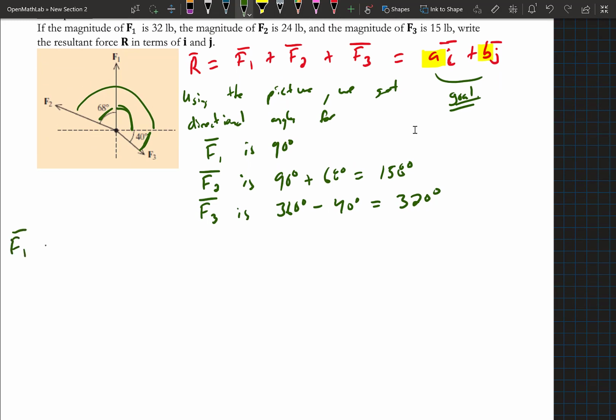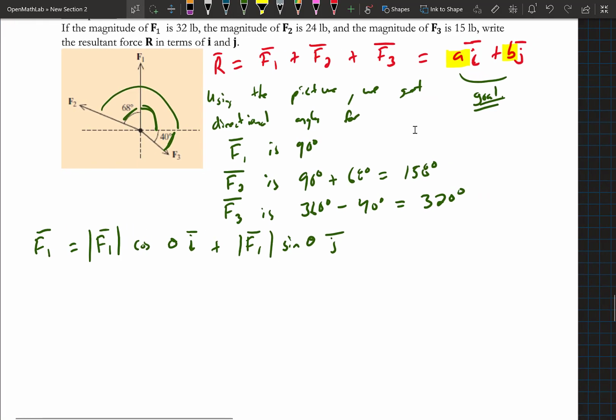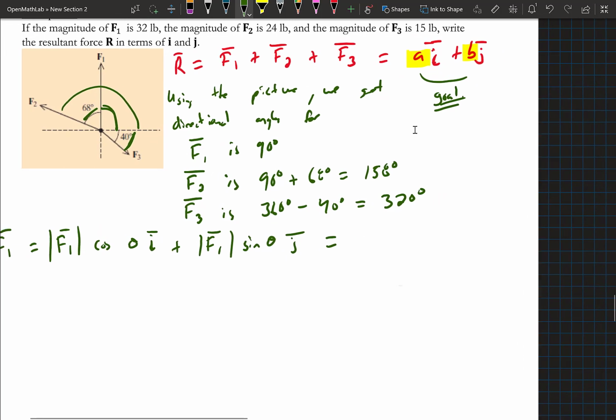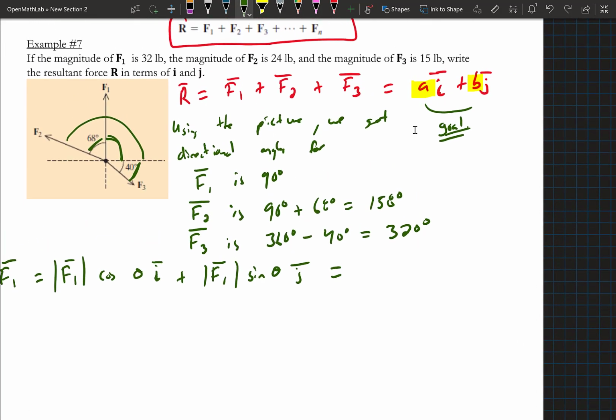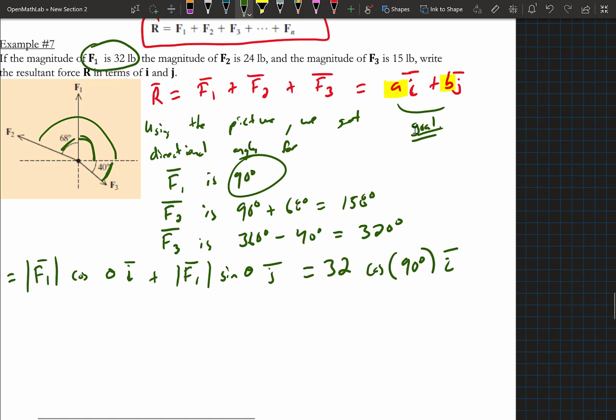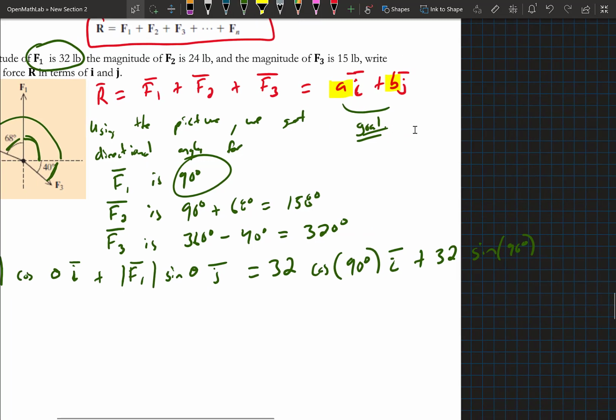Vector F1 is equal to the magnitude of F1 times cosine theta times vector i plus the magnitude of F1 times sine theta times vector j. The magnitude of F1 we're told is 32. So this is 32 times cosine of 90 degrees times i plus 32 times sine of 90 degrees times vector j.